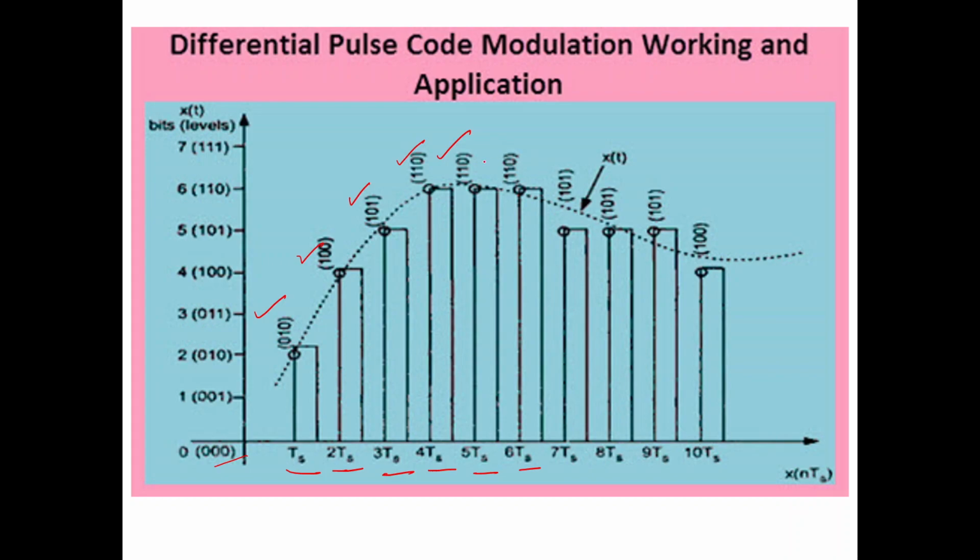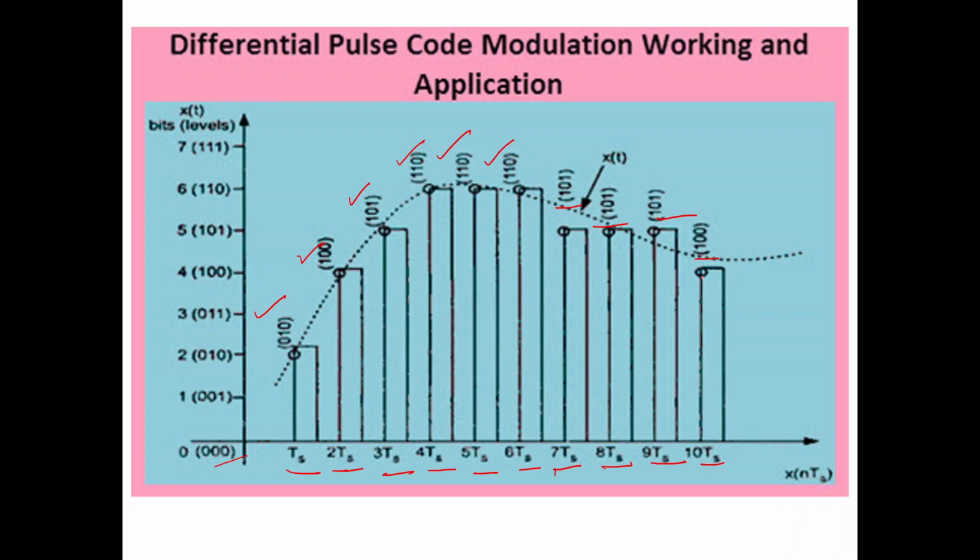At 6Ts it is again 110, and at 7Ts the encoded data is 101, at 8Ts again 101, at 9Ts again 101, and at 10Ts it is 100.